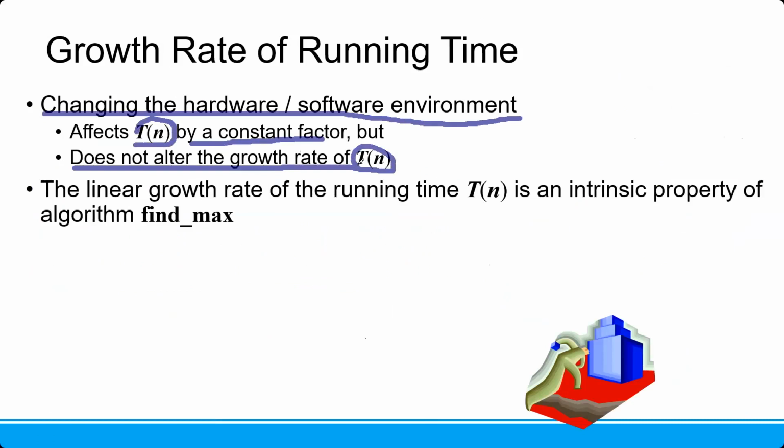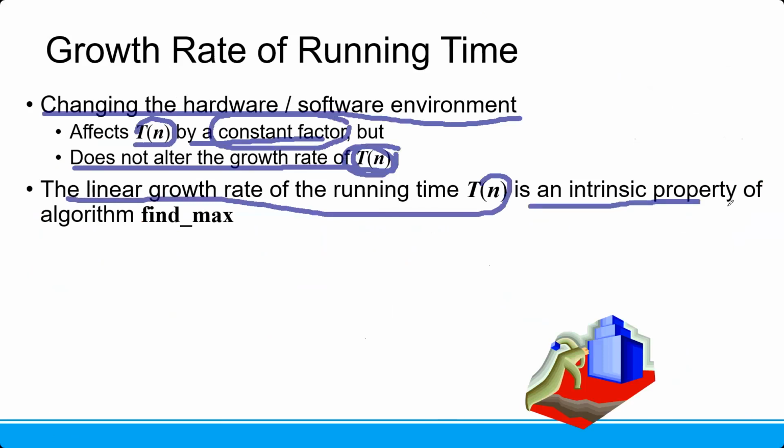So if you use a laptop, a desktop, or a smartphone, it will just affect the constant factor, but not the growth rate. The linear growth rate of the running time Tn is an intrinsic property of the FindMax algorithm.